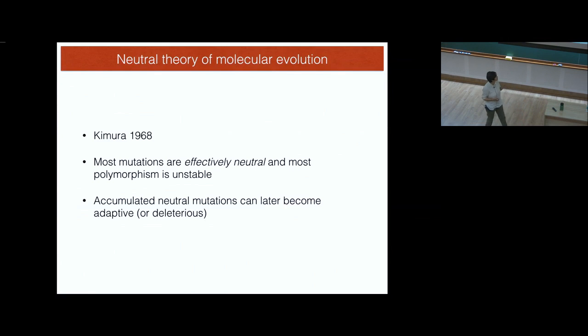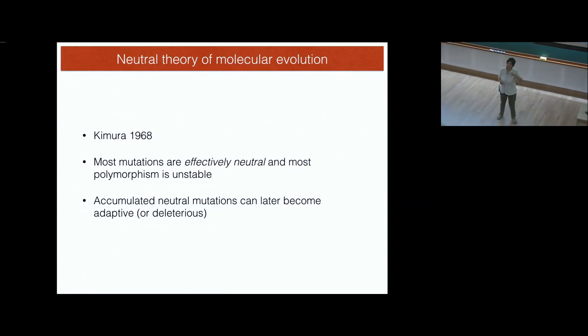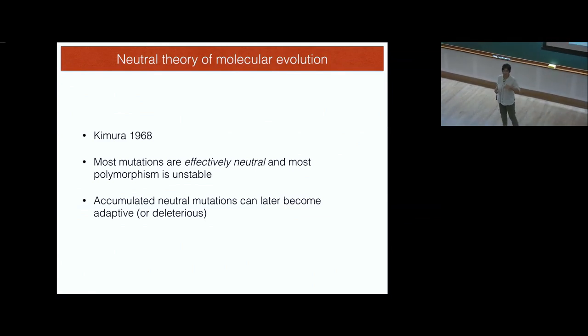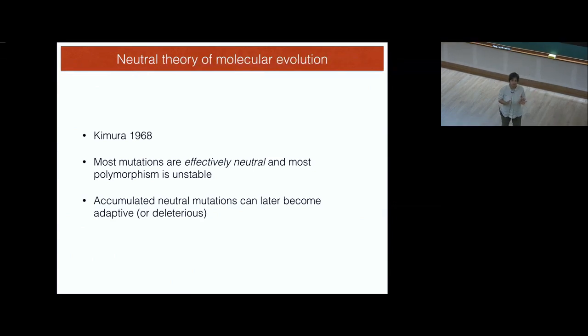And it was perceived that Kimura was suggesting there is no selection, or that selection plays a negligible role, which led to a huge amount of debate. But that's not what he was suggesting. He was saying that a large fraction of the mutations and variation you see is an outcome of these neutral drift dynamics. And of course, once in a while, adaptation and selection take place and drive things to fixation.